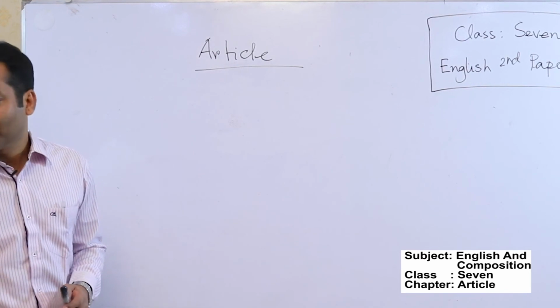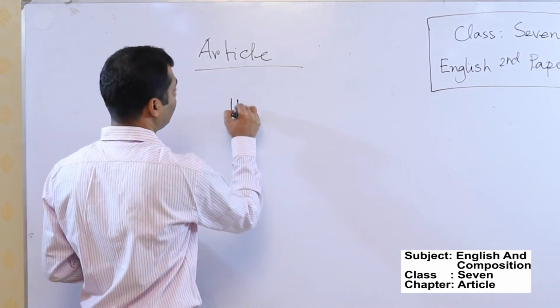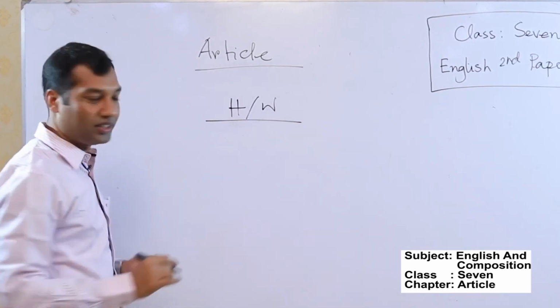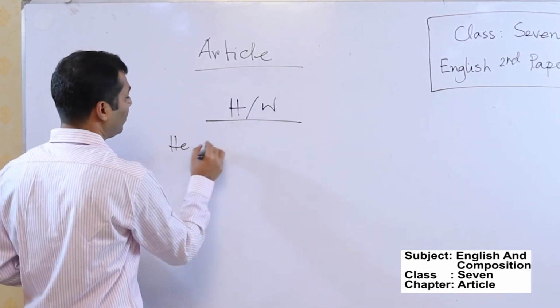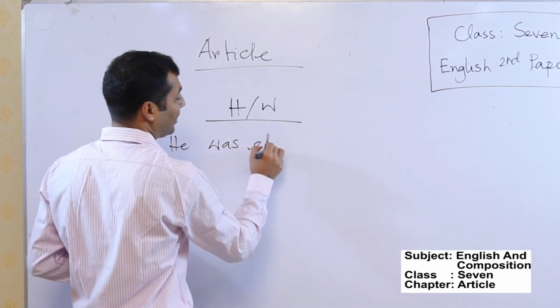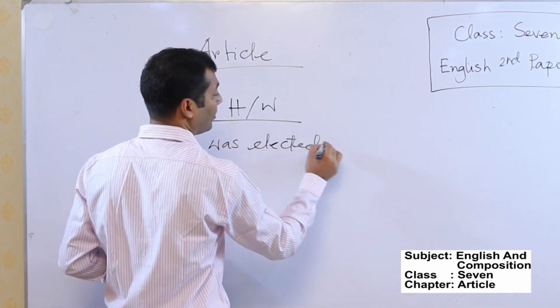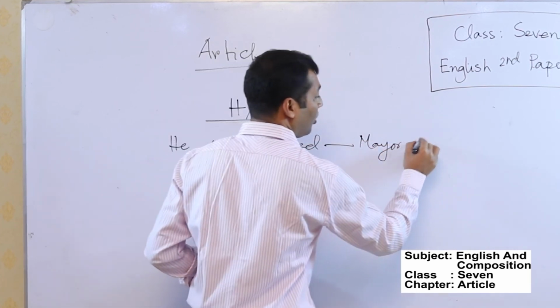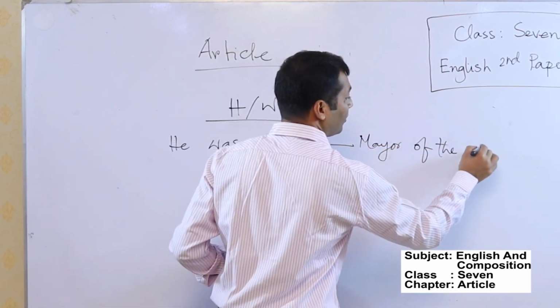So let me give you some examples for today's class homework. Number 1, he was elected dash mayor of the city.